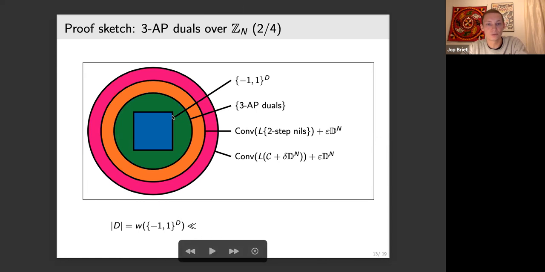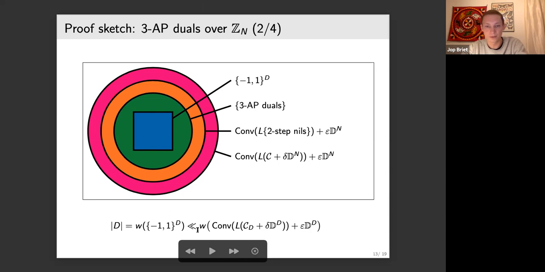And the set inclusion I'm going to use is that this blue hypercube is contained in this outer pink set. So I'm going to ignore the other sets. And this pink set is this convex hull plus a scaling of the complex hypercube. Okay. So the width of this d-dimensional hypercube is at most the width of this complicated looking set.